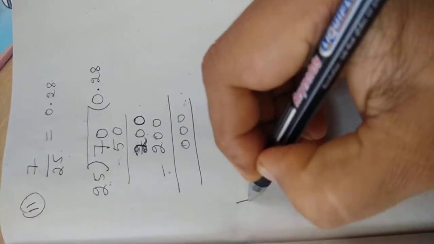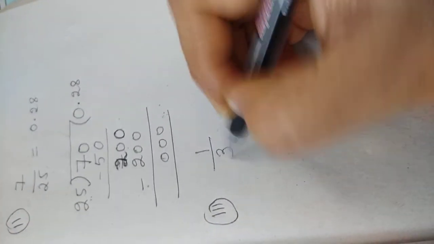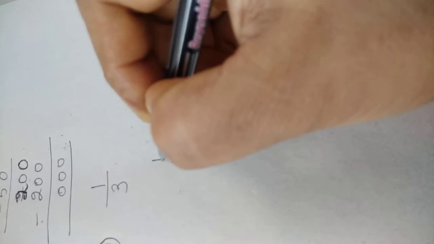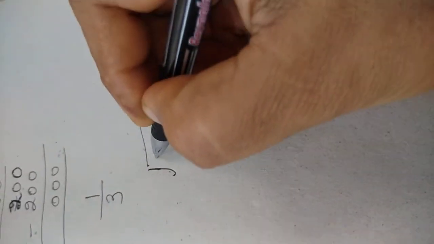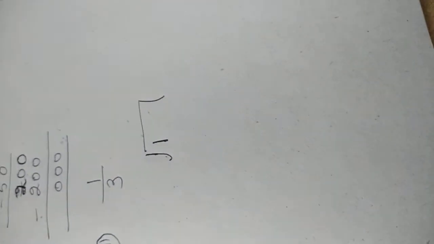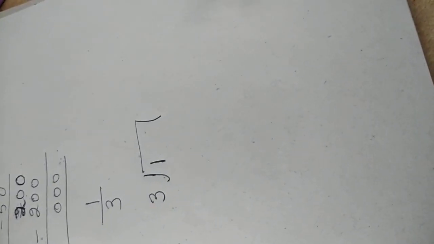Let's go to the third example. The third example is 1 by 3. How to find the decimal form of 1 by 3? Again dividing. Which number do you have to write inside? Tell me. Yes, 1. Because 1 is in the numerator. Don't think that 1 is small so how can we write it inside?